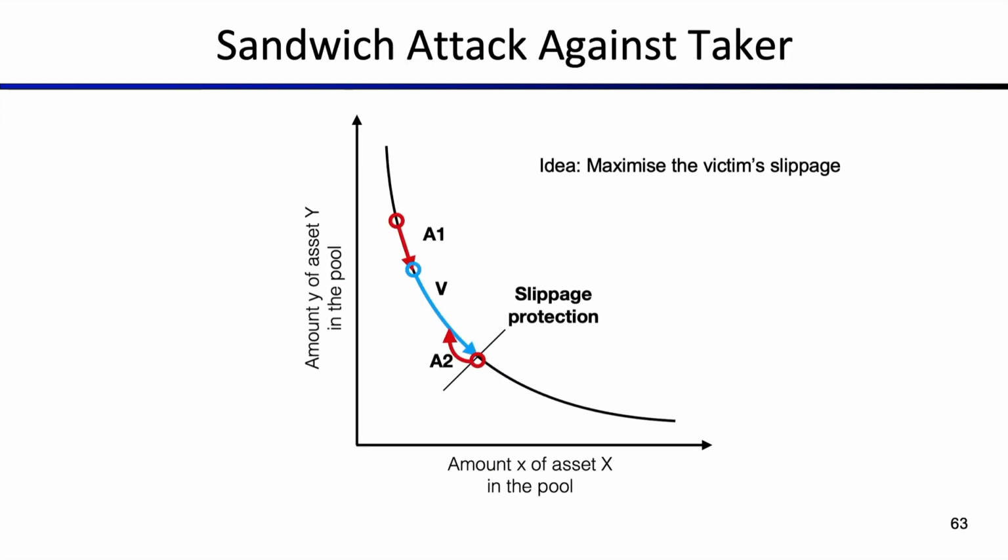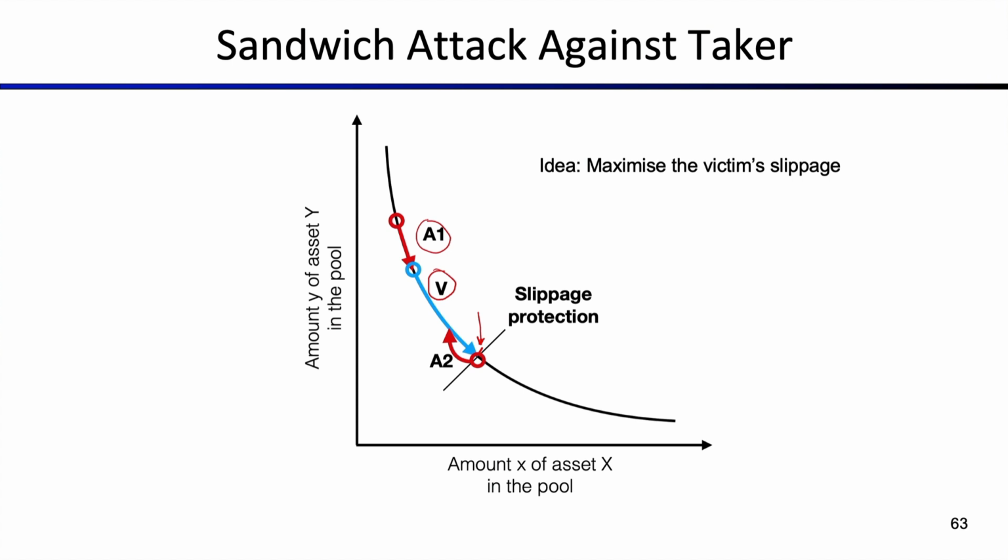So now let's put all the elements together. For the sandwich attack, we do have a victim, and we do have an adversarial transaction that's front-running the victim. In this visualization, you should see very beautifully that at this very point, the victim is being pushed very closely to the slippage protection threshold, but not beyond. If the victim is pushed beyond the protection, it would fail.